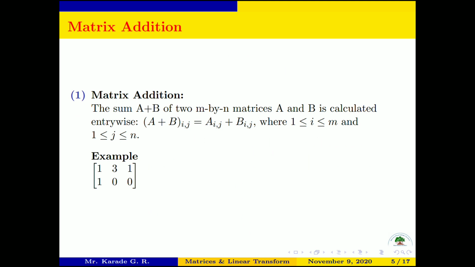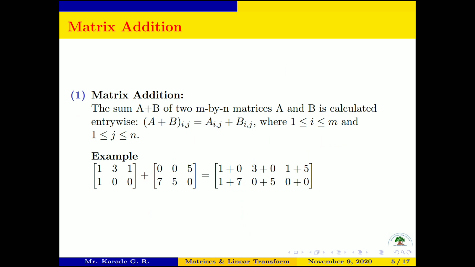Now second row is 1, 0, 0, and we add in this matrix another matrix whose first row is 0, 0, 5, second row is 7, 5, 0, and see the result. We add the corresponding elements, the ijth element of these matrices. See the resultant of addition.